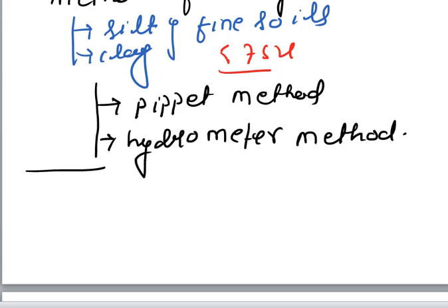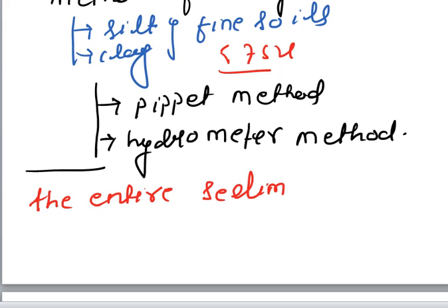So for general, make a note that the entire sedimentation portion is very important because what I will discuss in this session will relate three subjects: fluid mechanics, environmental engineering and soil mechanics.